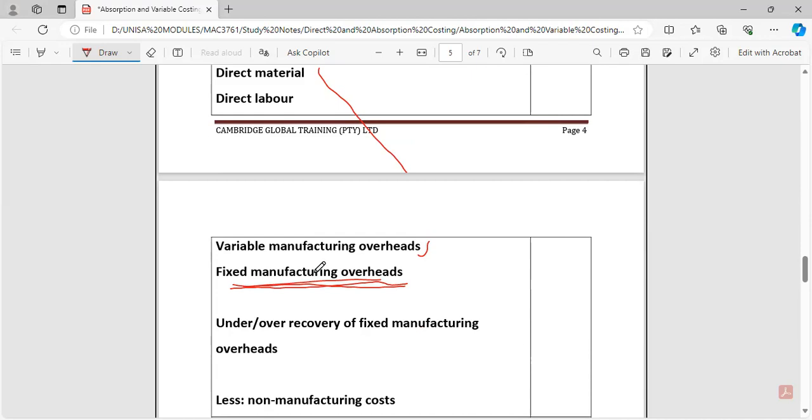So it's very important to know what the elements of absorption costing are and what the elements of direct costing are, so that the moment you are reading a question, you know this goes here, this goes there. Because in the exam, there is no time to think. I always say this, but people think that I'm joking. If you find yourself thinking too much in the exam, then you are not prepared for that exam.